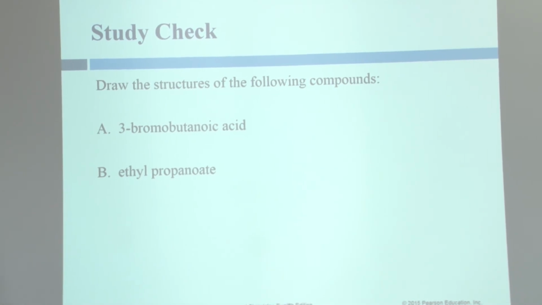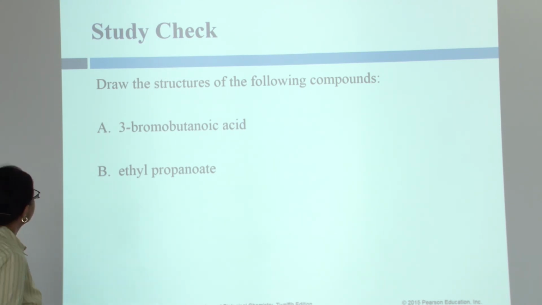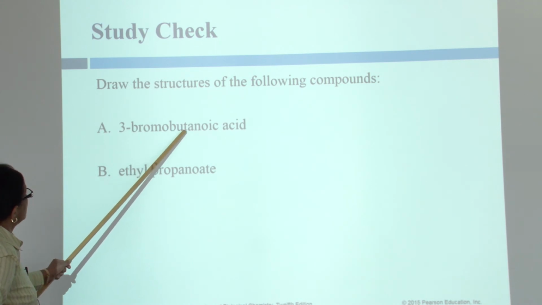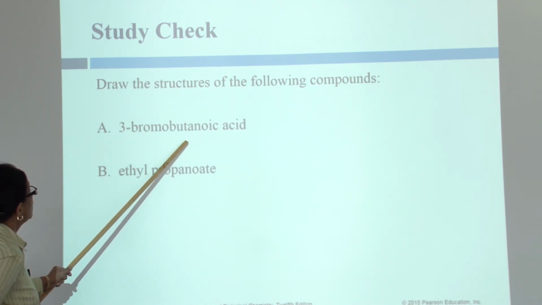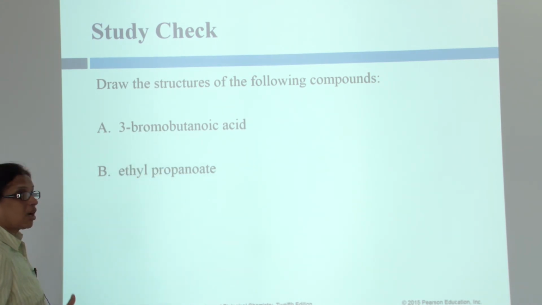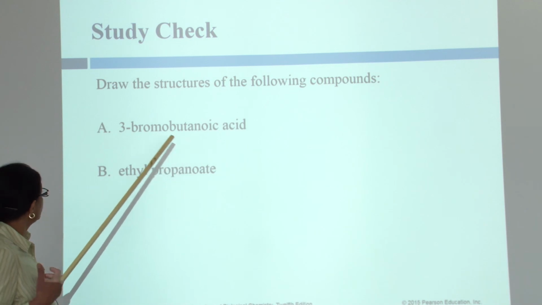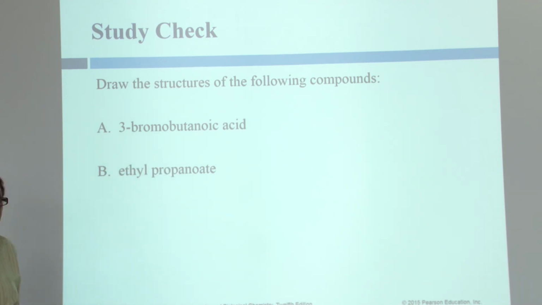So now we are going into the study check. Draw the structures of the following compounds. 3-bromobutanoic acid. So now this is an acid and butanoic, but is 4. And if the carbon with the carboxylic group is number 1, number 3, starting from the carboxylic group, number 3 carbon has the bromo.